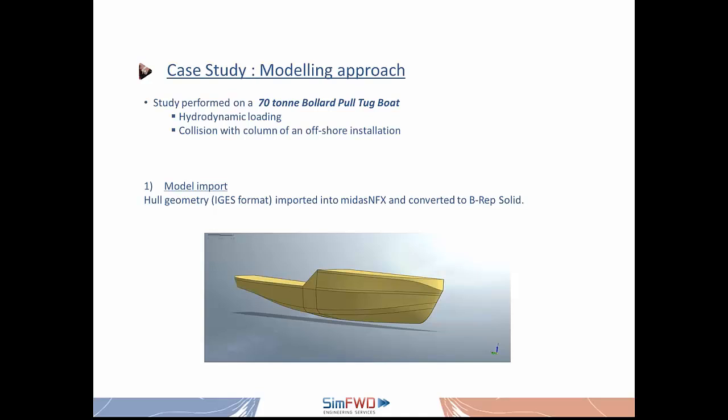This is a 70-ton bollard pull tugboat coming from a client project, and what we have tried to do here is assess the hydrodynamic loading on the hull, and especially on the aft part of the tugboat, where we have the so-called azimuth thrusters for the propulsion, and where the structure is quite complex and the thrusters are hanging from the structure.